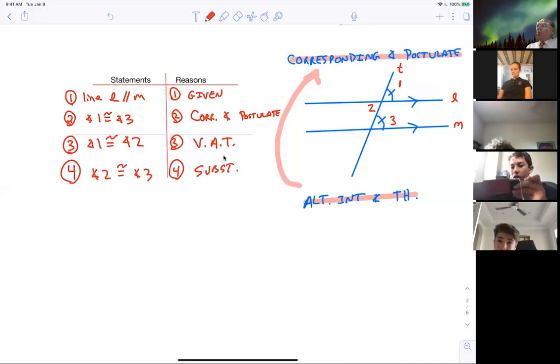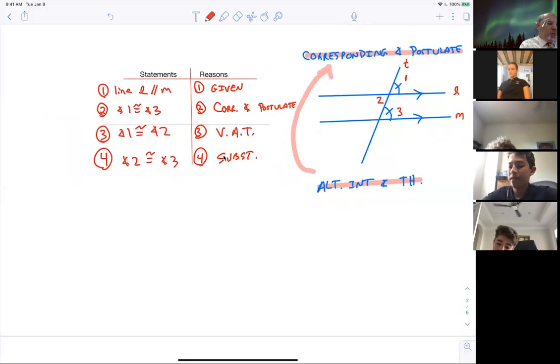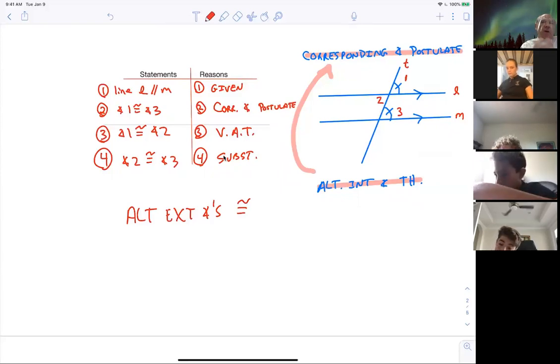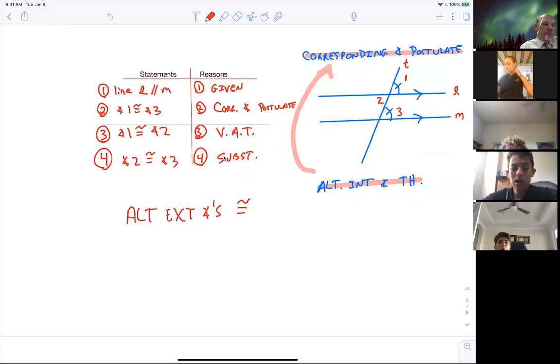So we have now proven alternate interior angles are congruent. We could also prove that alternate exterior angles are congruent, and that's very similar to this.